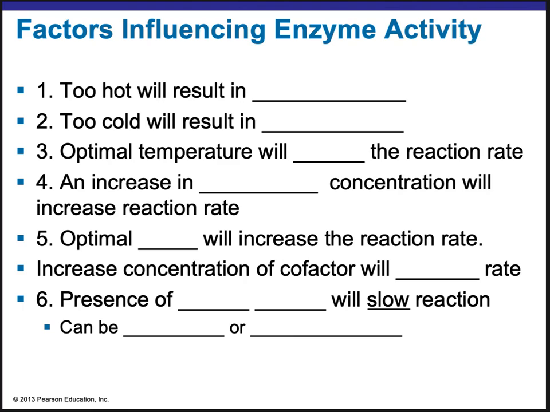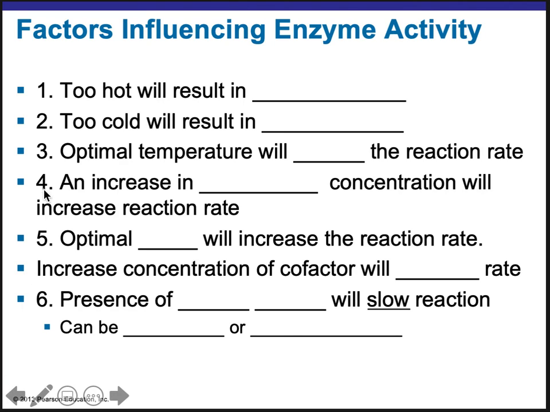But you're not ruining the enzyme. You can always warm it back up and speed it up, right? So too cold is fine. It's not going to damage the enzyme. But if you get too hot and you break those hydrogen bonds, it's denatured and it's gone forever.